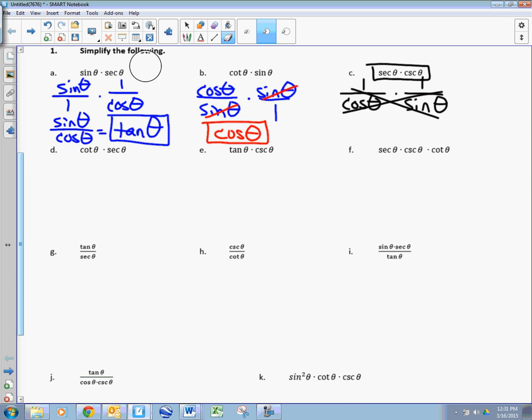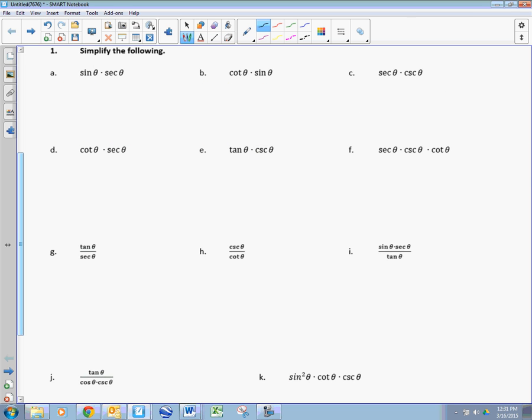Okay. Let's look at D. What is cotangent in terms of sine and cosine? Cosine of theta over sine of theta. Yes, cotangent is also 1 over tangent, but that doesn't help you. We need it written in terms of sine and cosine.